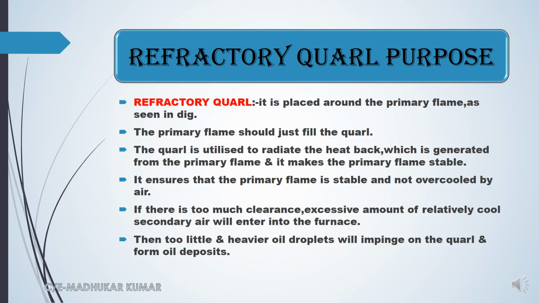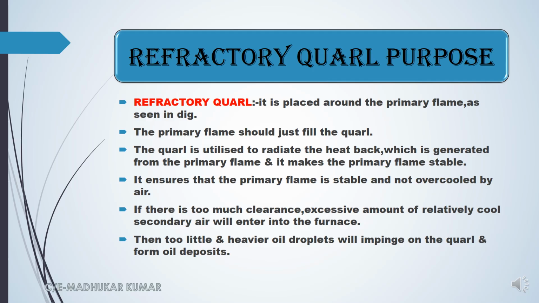It ensures that the primary flame is stable and not overcooled by the air, because the secondary air is also passing in that area, and chances are that it makes the primary flame overcooled, and then the stability is at stake.